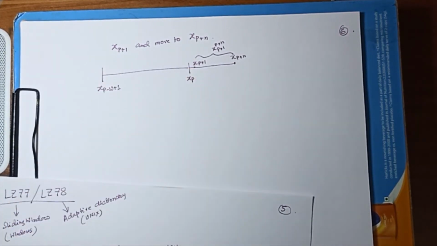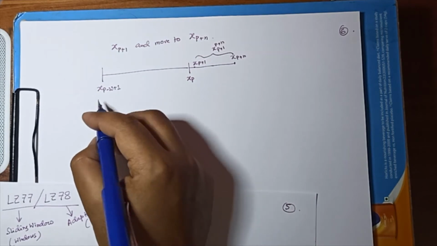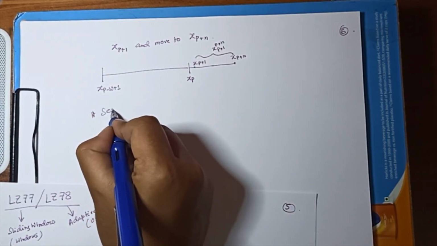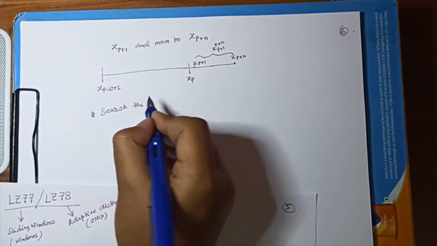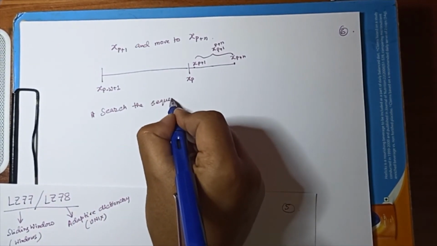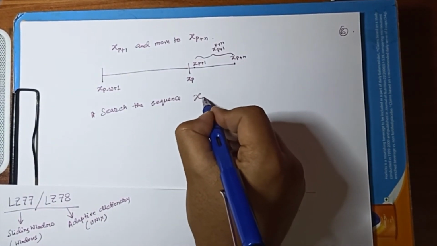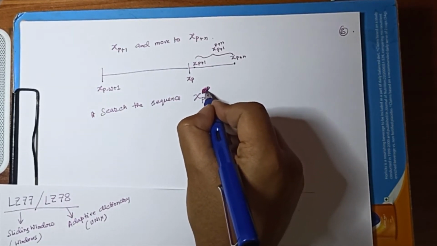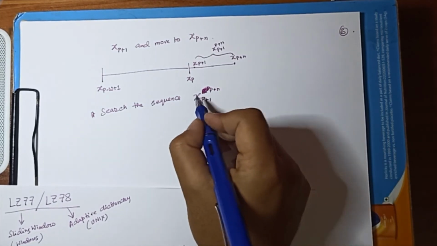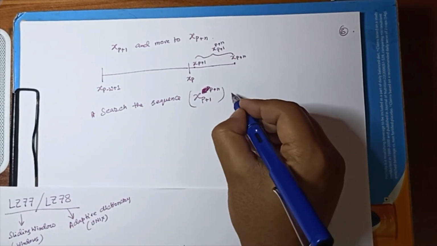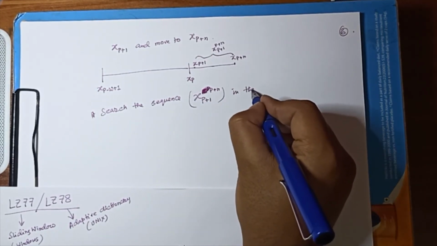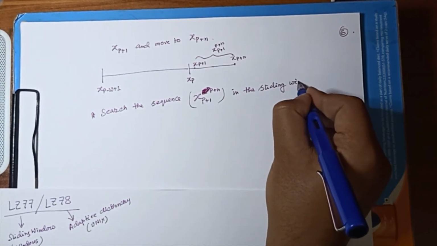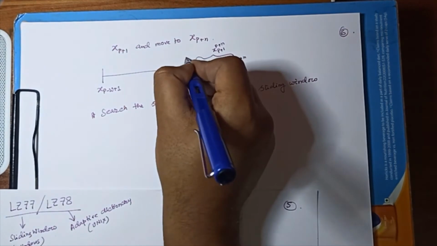So I will search the sequence xp plus 1 to p plus n in the sliding window, and I will search it from this side.